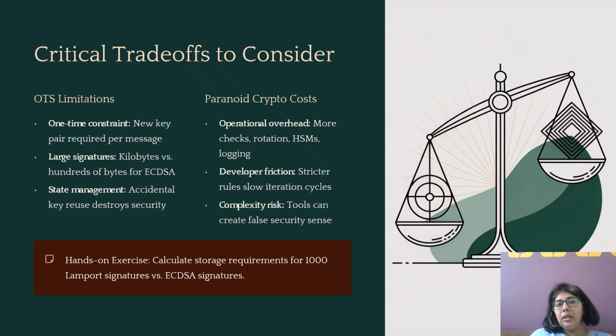State management: accidental key reuse destroys security. One hands-on exercise you can try yourself is to calculate the storage requirement for 1000 Lamport signatures versus ECDSA signatures. Developer friction is a paranoid crypto cost: stricter rules, slow iteration cycles, plus complexity risk. The tools can create a false sense of security.